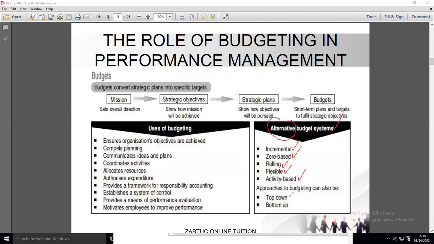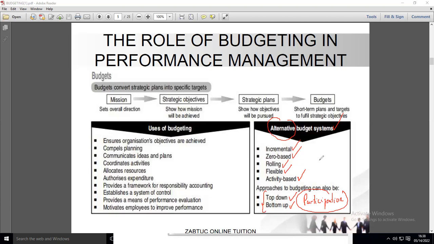And also the top-down and bottom-up when it comes to the subject, which is very important, which we came across in the building block, and that is participation. When it comes to the subject of participation, these two are important.